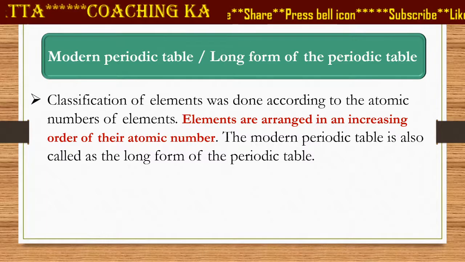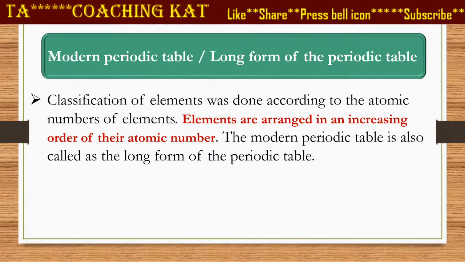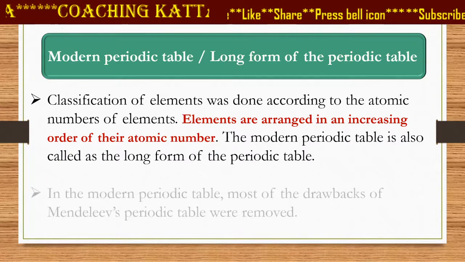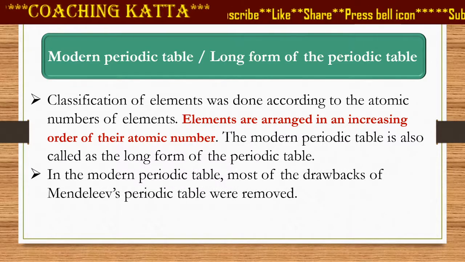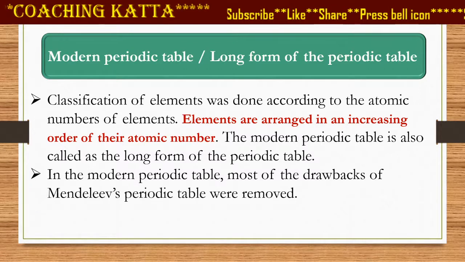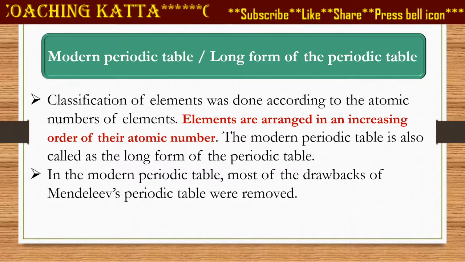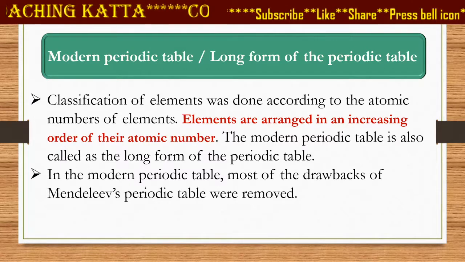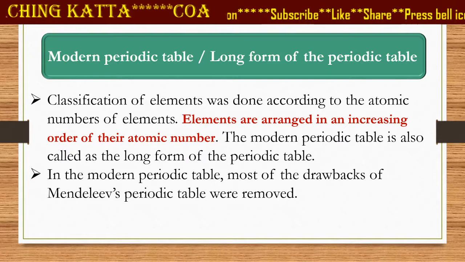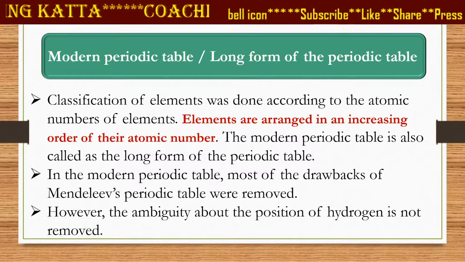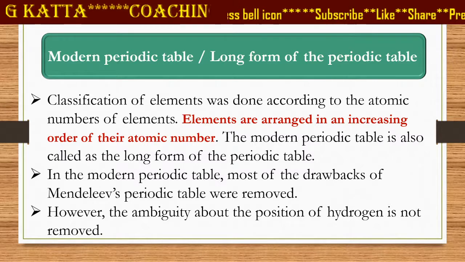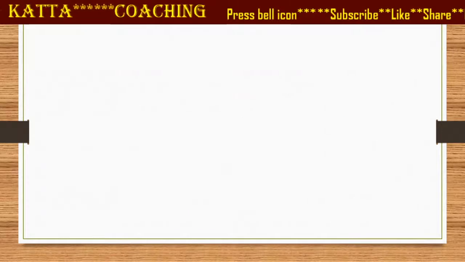The modern periodic table is also called the long form of the periodic table. In this modern periodic table, most of the drawbacks of Mendeleev's periodic table were removed, which were explained in the previous video. However, the ambiguity about the position of hydrogen is not removed.